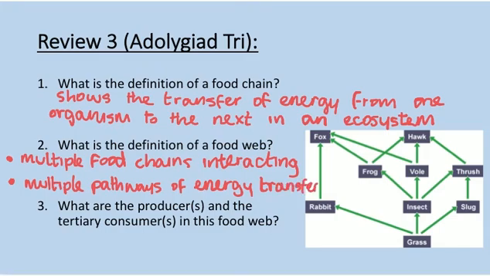Okay, so what I said earlier in the lesson is that it represents a multiple pathway by which energy and nutrients flow from one organism to another in the form of food. So I've just shortened that here so that a food web is multiple pathways of energy transfer from one organism to another organism in the form of food.